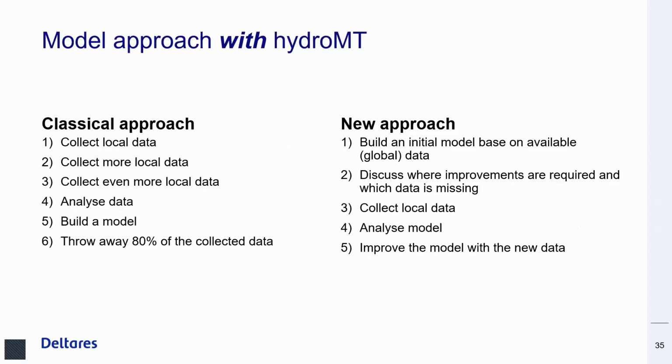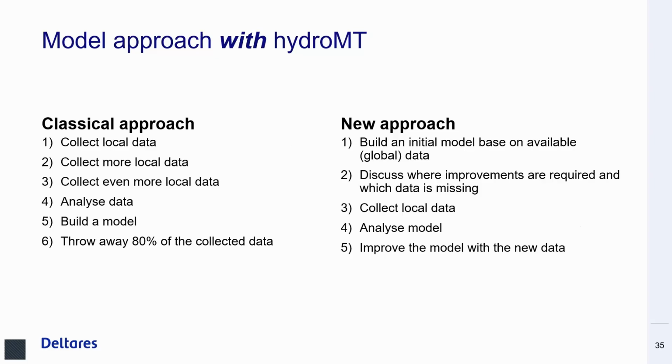With HydroMT, we move away from the more classical approach where we spend a lot of time collecting more data, trying to pre-process that data, building a model, and then maybe not using all the data that we had collected anyway. With HydroMT, we shift towards a new approach where we can very quickly build an initial model based on available global data sets.